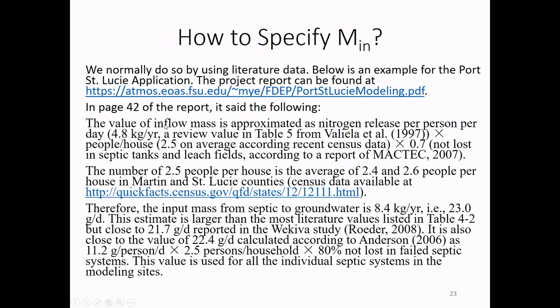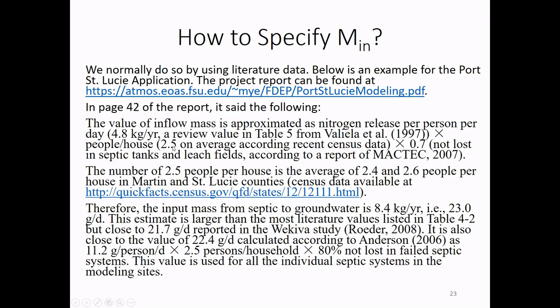Number one, first you need to determine nitrogen release per person per day, say 4.8 kilograms per year. You need the per day data because this is for a day, but based on this review, it gave us the amount of nitrogen per year. And then the number of people per house.